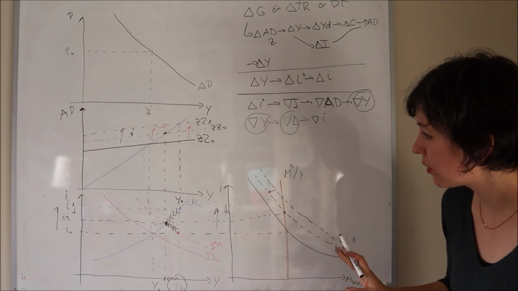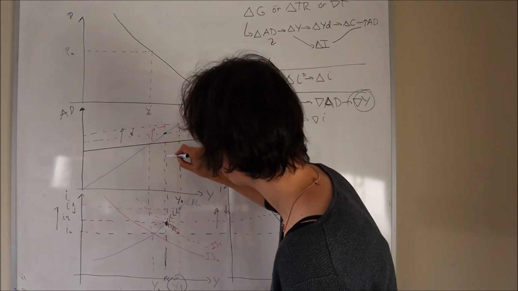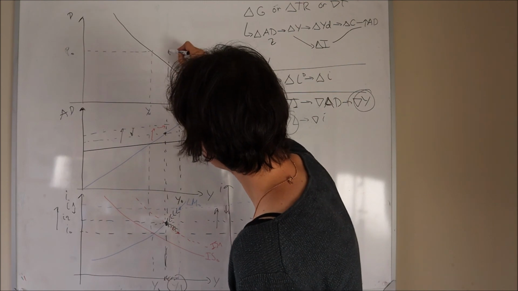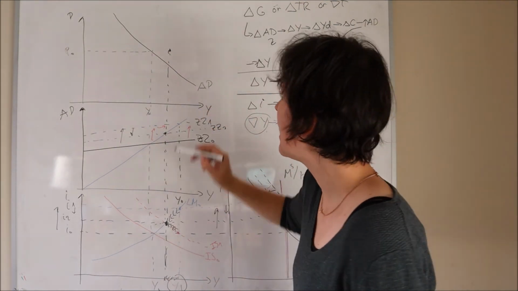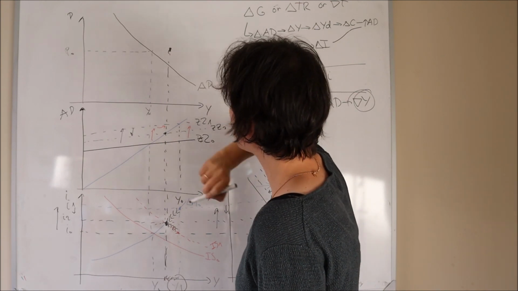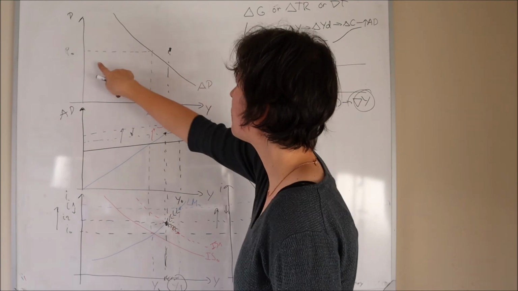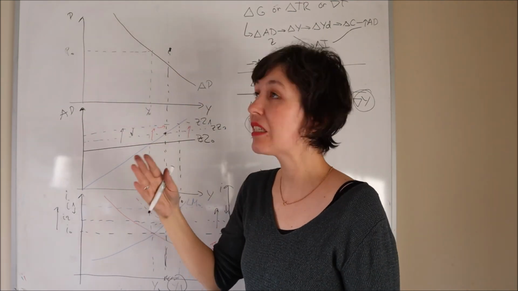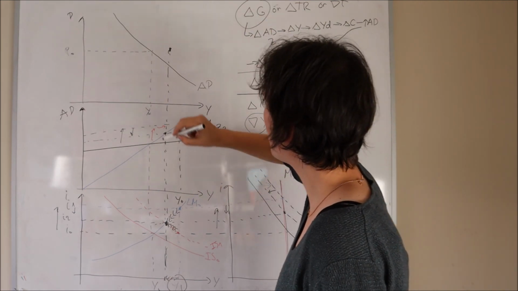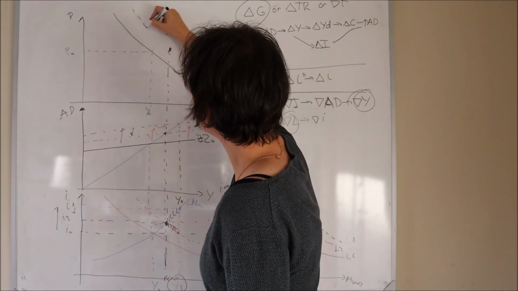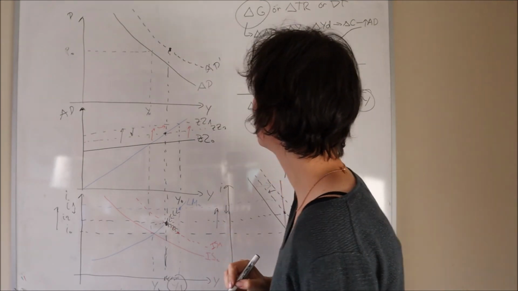So here we have the whole analysis and the new level of production, which is here. Let me show you. That means that given the price, because I didn't change the price at any time, the new aggregate demand is here. So in general, for any price, because I did this for this price, but I get this analysis for any other price. In general, the expansionary fiscal policy is going to mean a shift to the right side of the aggregate demand, right?